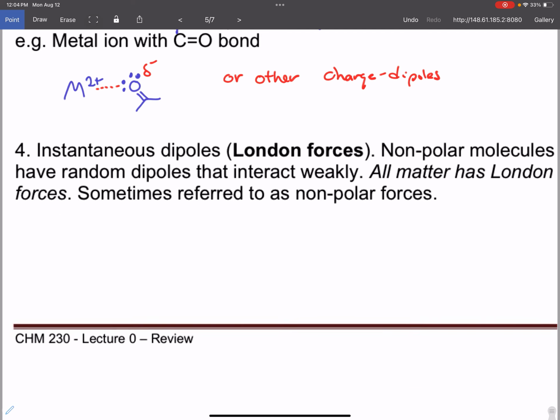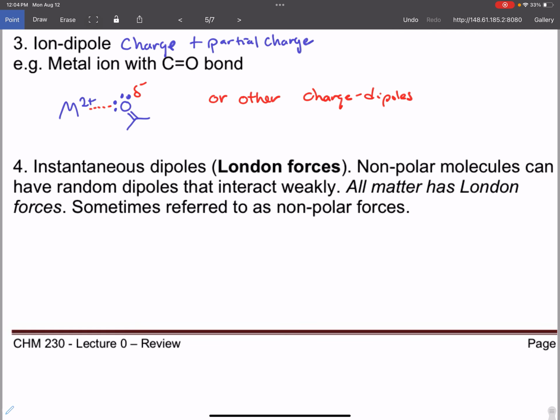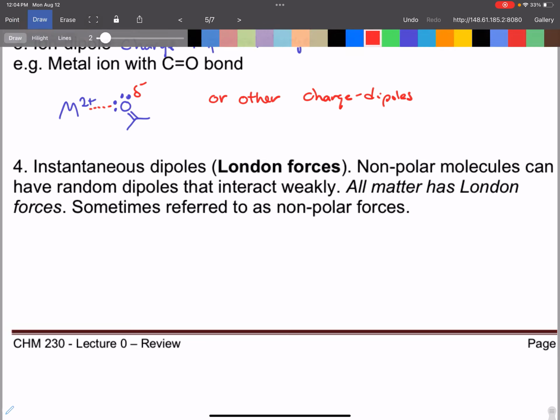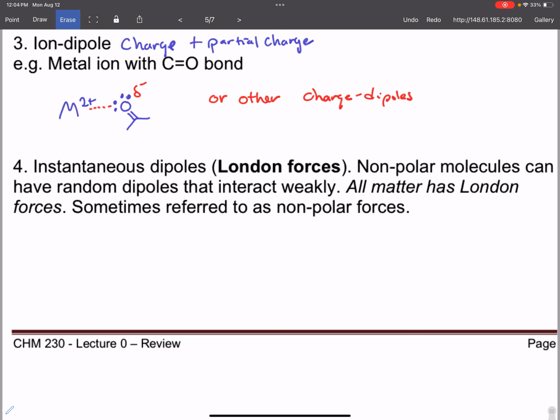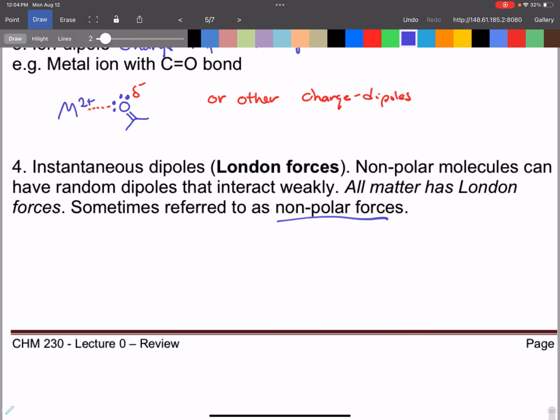And then finally, there is another type of interaction called London forces, or this is where we get instantaneous dipoles. And you will often see this referred to as nonpolar interactions. So what happens here? Again, I'm going to show electrons sort of as little dots here.